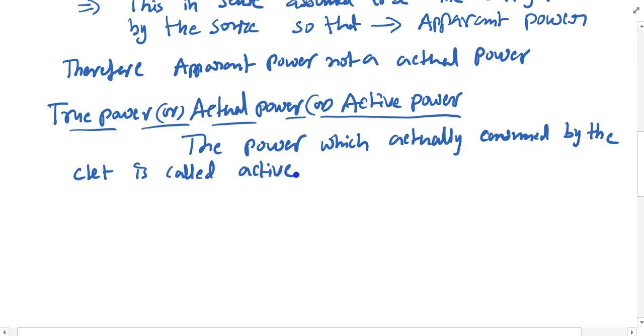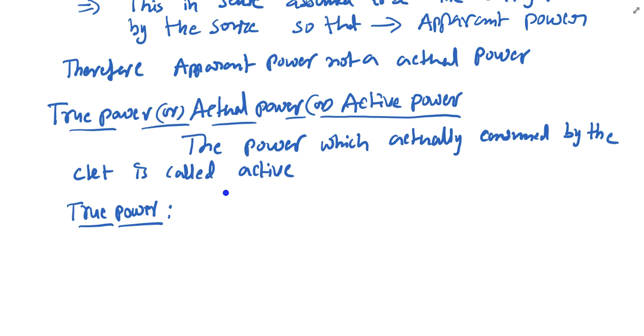So what is the true power here? If you take the true power definition here, the true power is nothing but the current component in phase with the voltage that produces the true power. So what is meant by this?